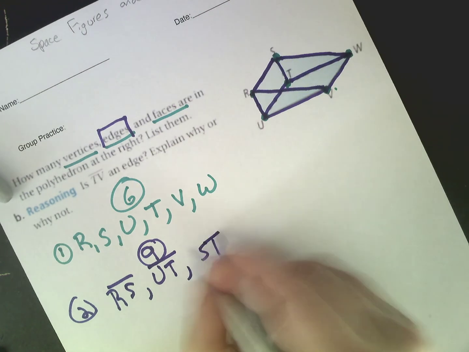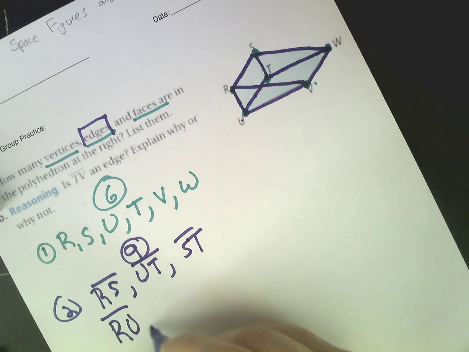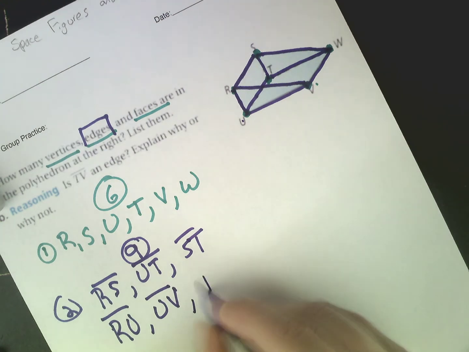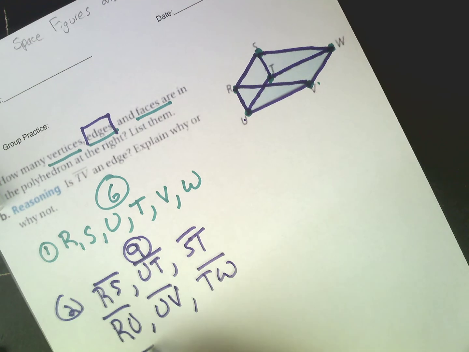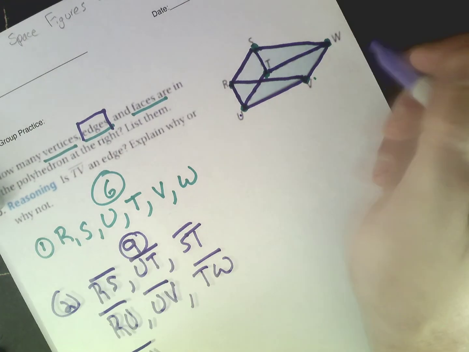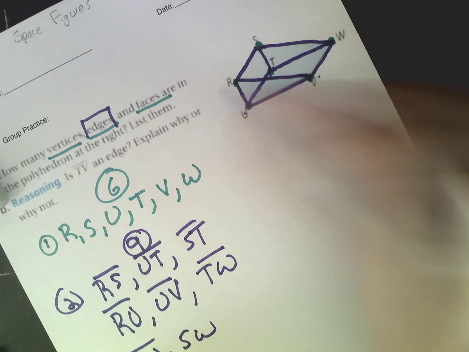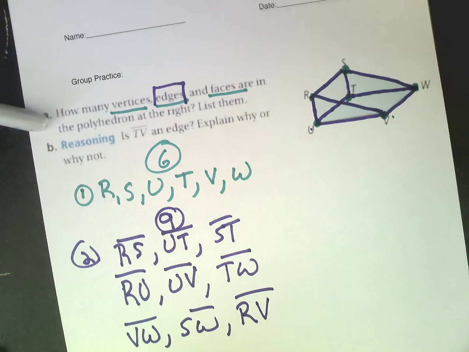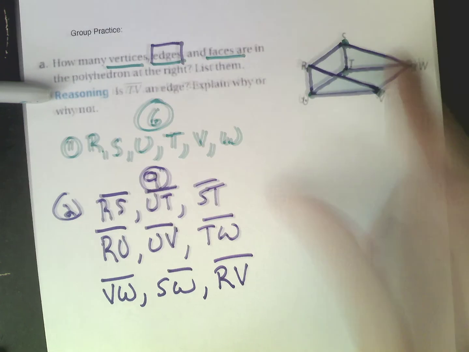ST, RU, UV, TW, VW, and what am I missing here? SW, and RV. There are those 9 edges.